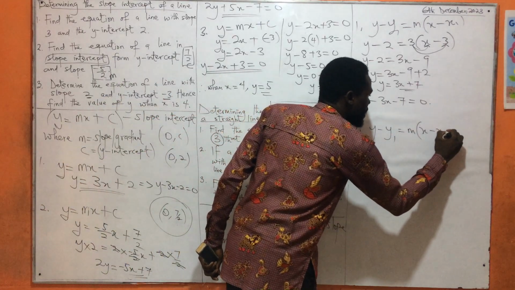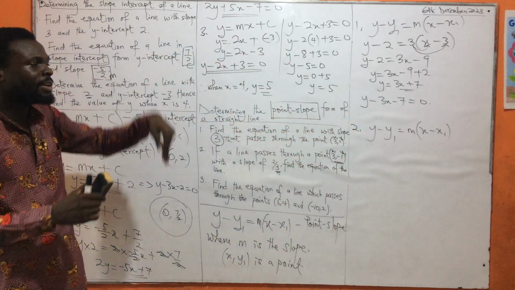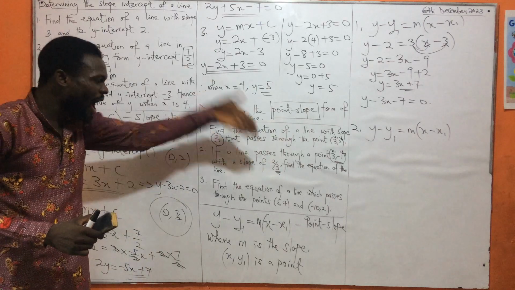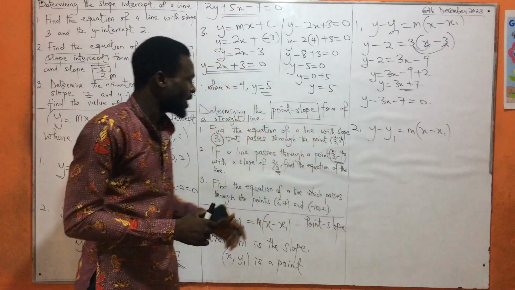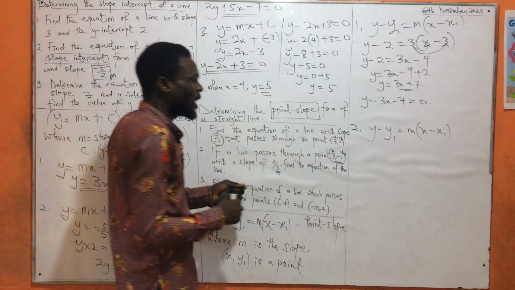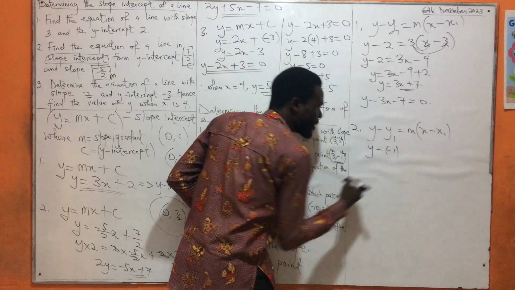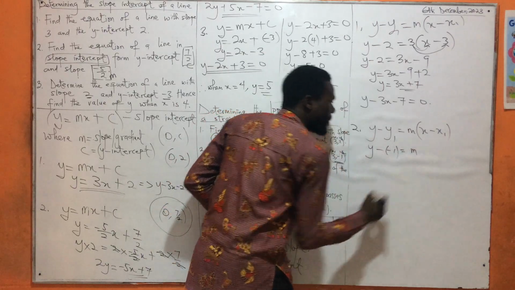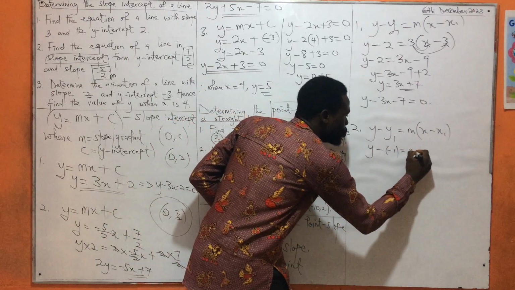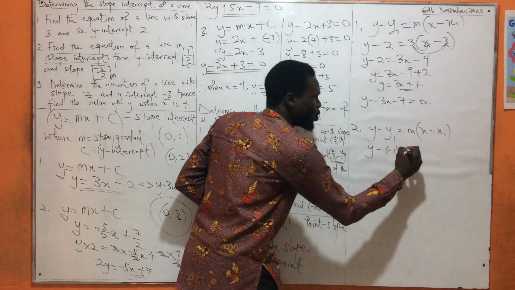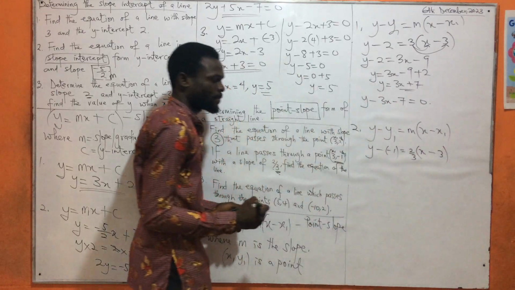Once you are given gradient and you have the point, use this. So what is m? M is this. So y minus y1, which is negative 1, is equal to m, and the m is 2 over 3, bracket of x minus x1, and x1 is 3.